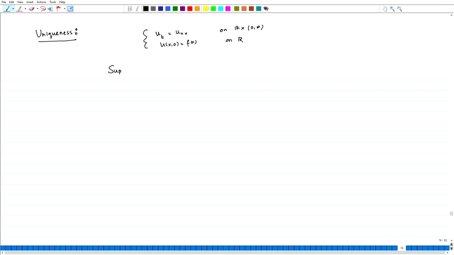Suppose there exist two solutions for star, that is u1 and u2.